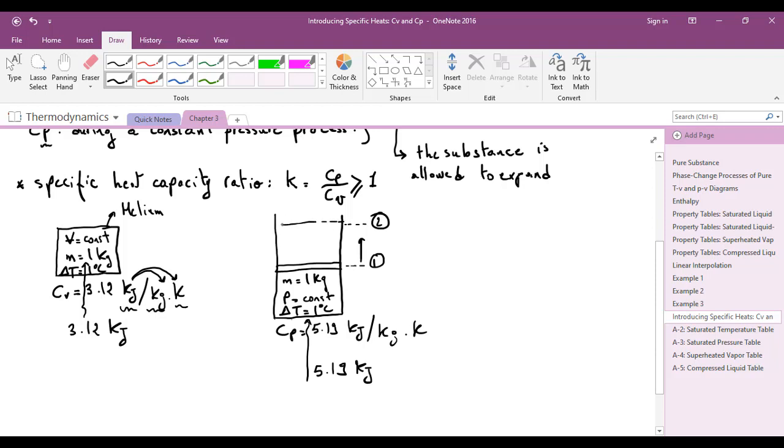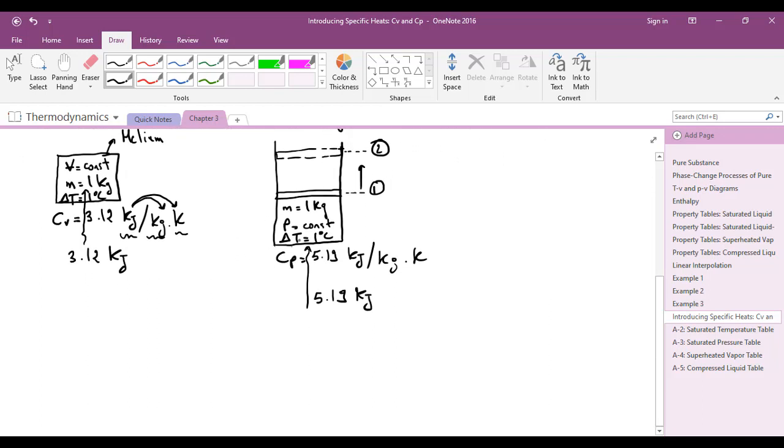So the substance will expand, and we need to supply more energy when heating 1 kilogram and trying to raise the temperature by 1 degree Celsius.